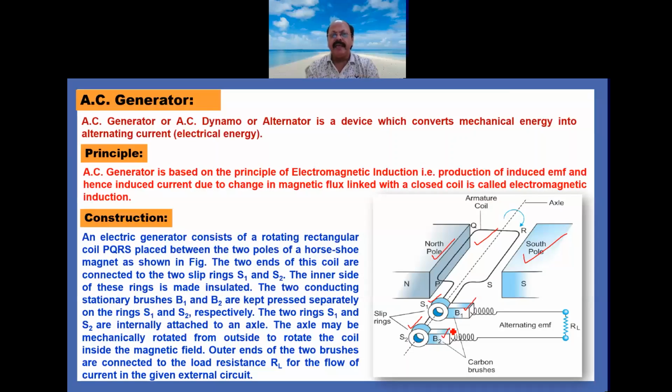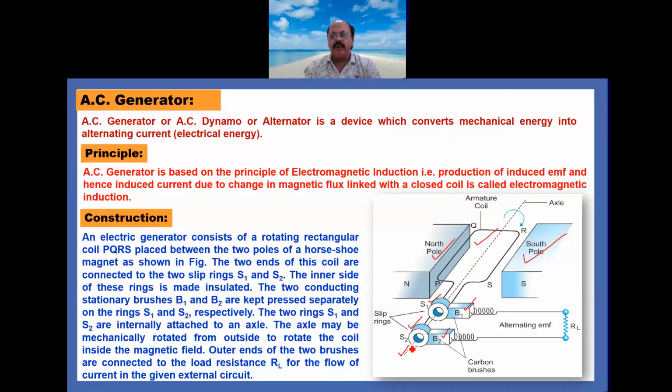The two rings S1 and S2 are internally attached to an axle. Here it is, an axle. The axle may be mechanically rotated from outside for rotating the coil inside the magnetic field.